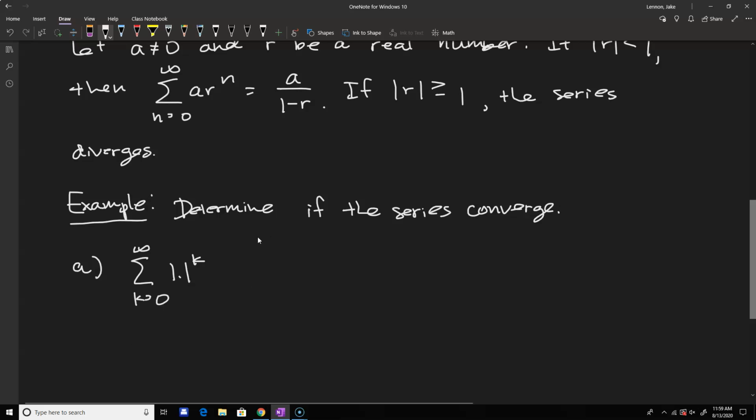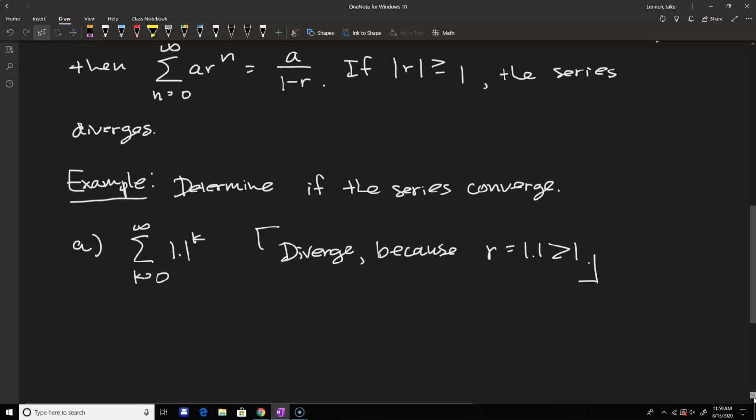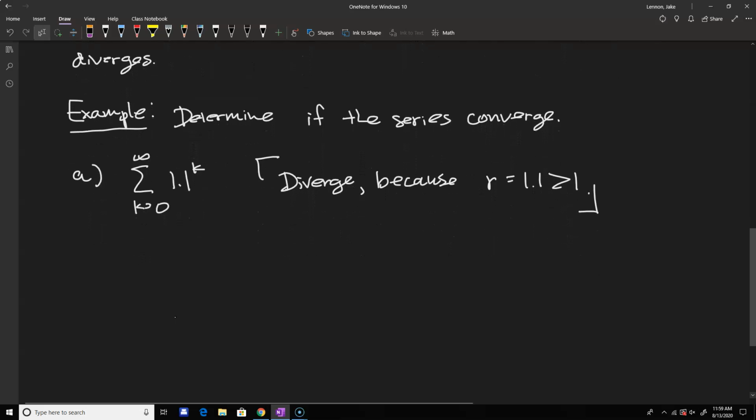This one's pretty straightforward. This is going to diverge because r equals 1.1, which is greater than 1. Very simple there. It diverges if that geometric ratio is anything greater than 1.